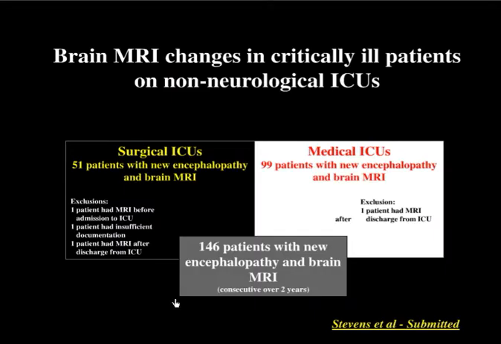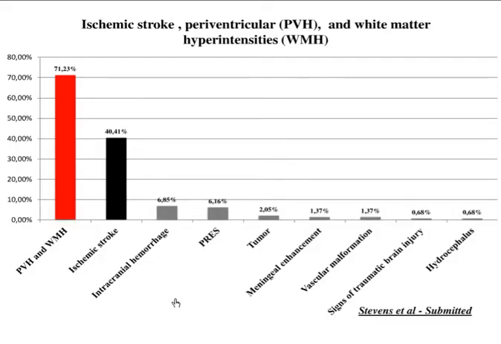It is interesting because recently, and these are very fresh slides given by Robert Stevens, who did a retrospective study in about 136 patients, he found white matter lesions in about 70% of his patients, and ischemic stroke in 40% of patients.